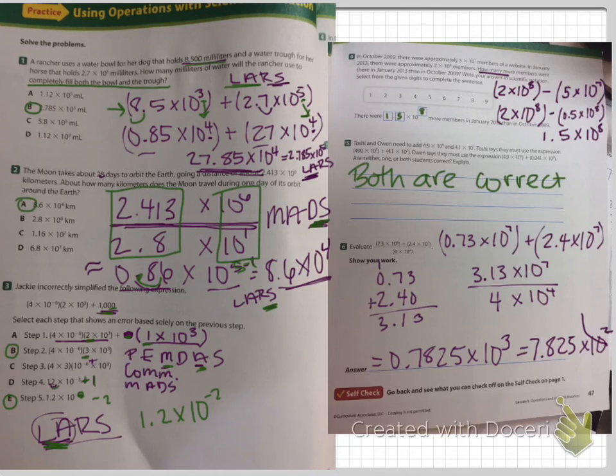Alright, so for number 4 on page, I believe this is page 40, 50, whatever page we ended up on with number 4, this is the page you should be on right now. So, I got 1.5 times 10 to the 8th power. You should have gotten this when you subtract it, because it says how many more.